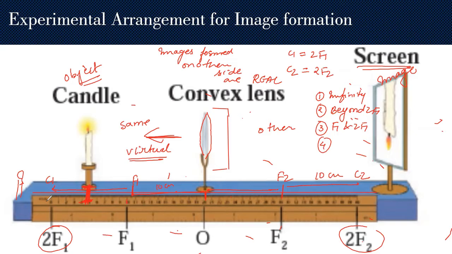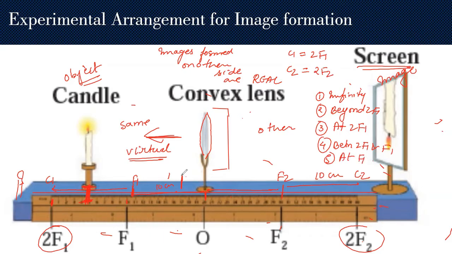Third is at C, that means at 2F1. Fourth is between 2F1 and F1. Fifth, we have at focus, at F1.